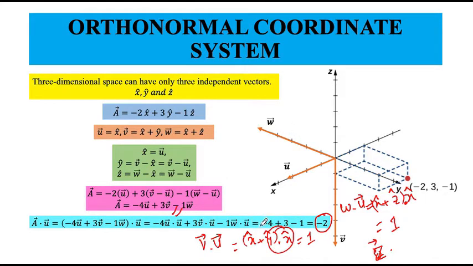So I will have minus 4 plus 3 minus 1, so it is minus 2. So the answer doesn't turn out to be minus 4, it turned out to be minus 2.